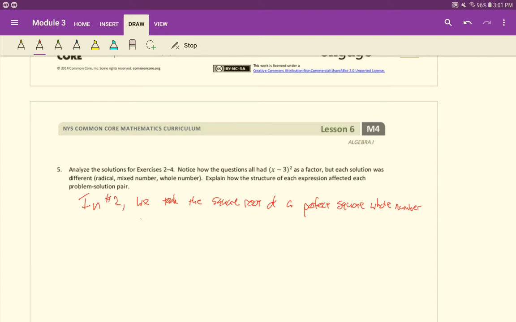So we got perfect square whole numbers, or whole number solutions, since x minus 3 also has a whole number.